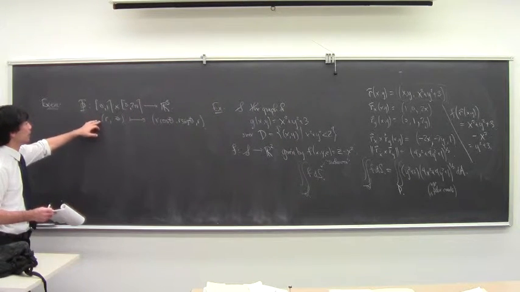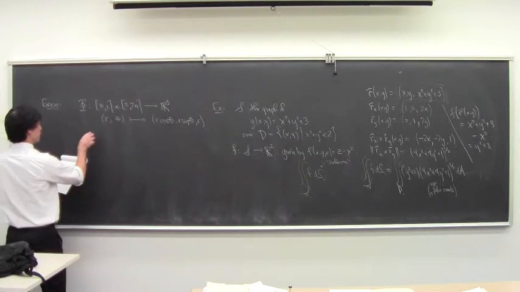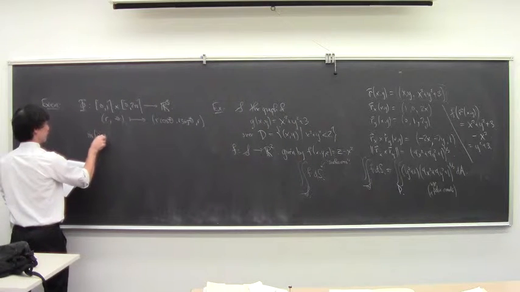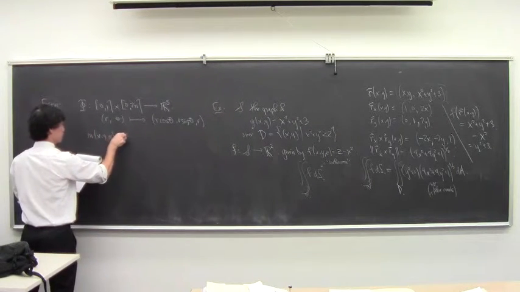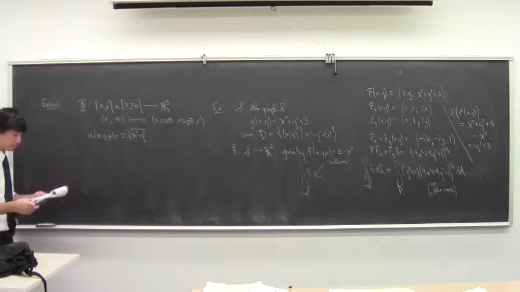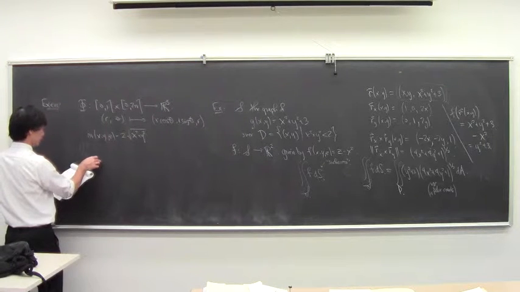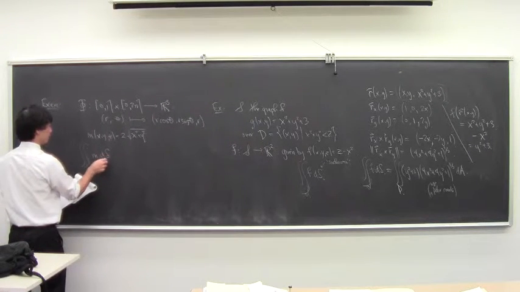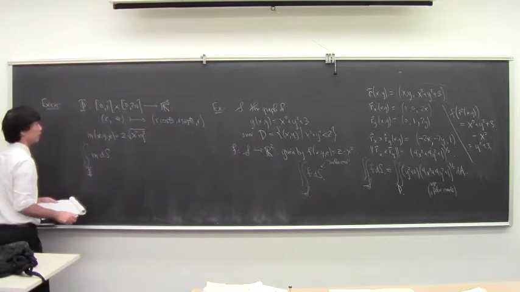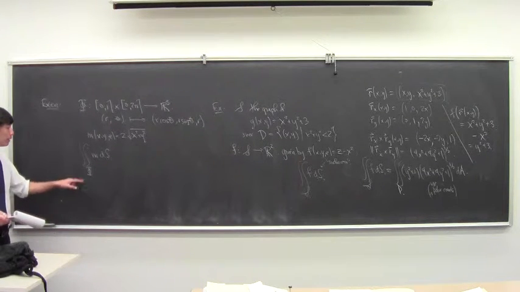Right. So let m of x, y, z be 2 times the square root of x squared plus y squared. And I'd like you to calculate the integral of m over this cone parametrized by phi.